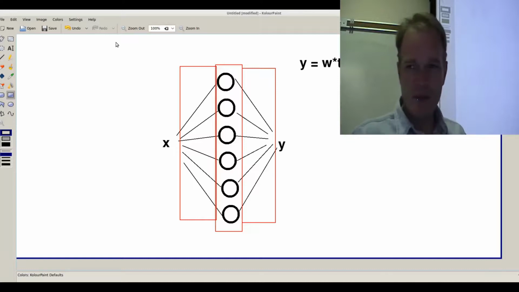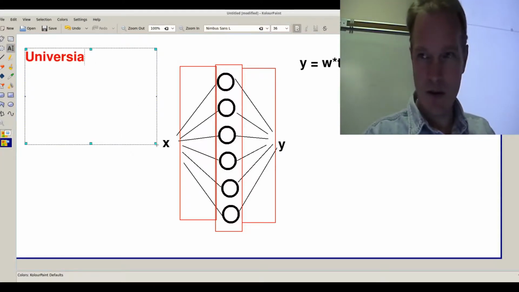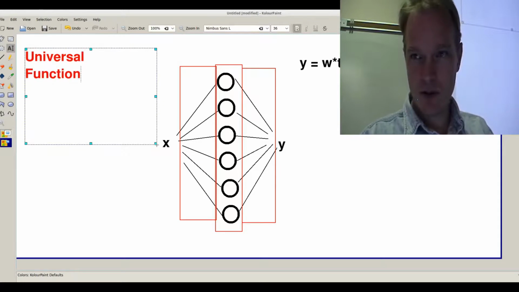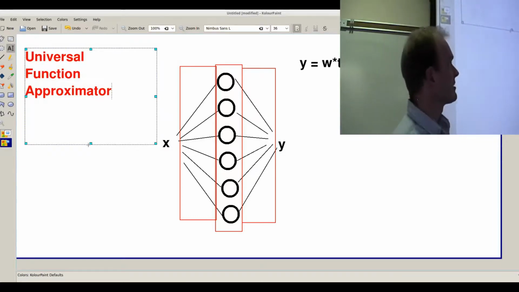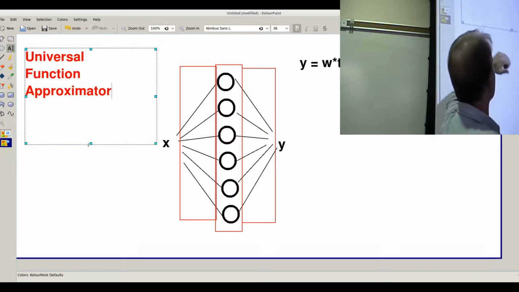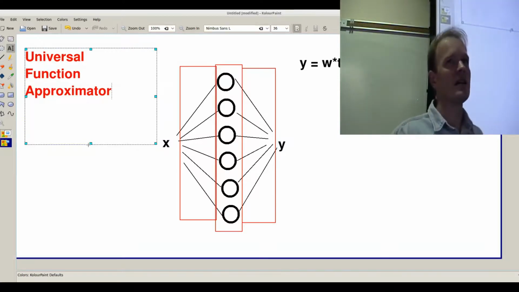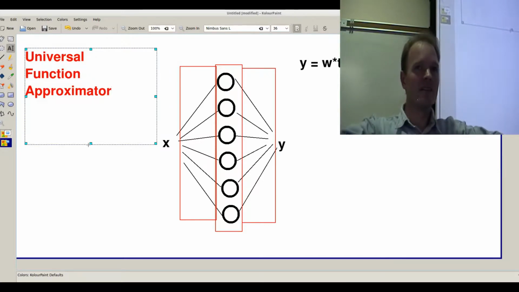Is being a universal function approximator, also sometimes called an arbitrary function approximator, because this is a model that can fit with arbitrary precision to an arbitrary function that you can represent in data, a good property or a bad property?